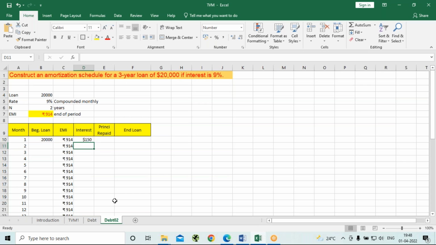So it is 150. And the principal repaid is the EMI amount minus the interest paid. EMI minus interest. So the ending loan will be beginning loan minus principal repaid.